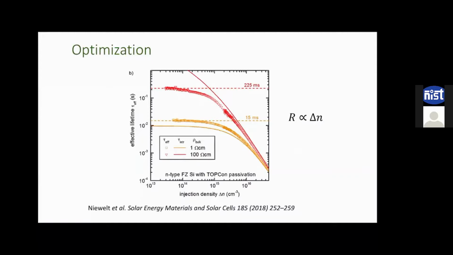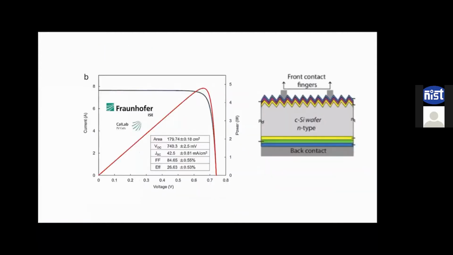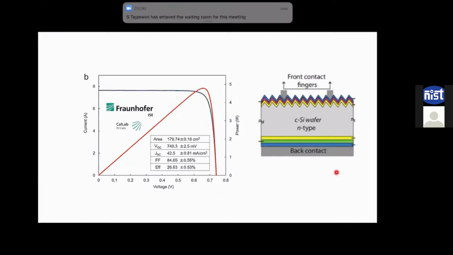Before I end this session, let me tell you another thing. As I already showed you, this is the IV characteristics curve of a record heterojunction silicon solar cell. And I have also shown you a typical device structure of a heterojunction solar cell.